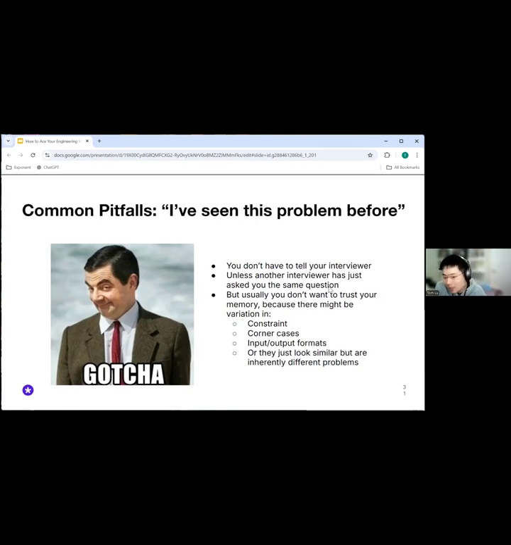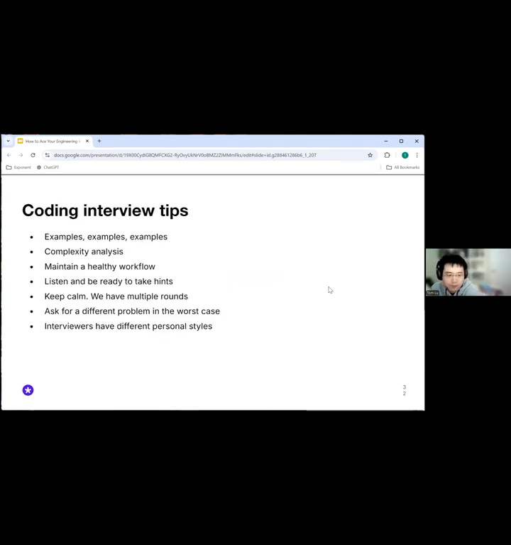Even if you think this is a problem you have solved before, this might be a new problem to you. So my suggestion is you should always treat problems as if this is the first time you encounter them. Okay.